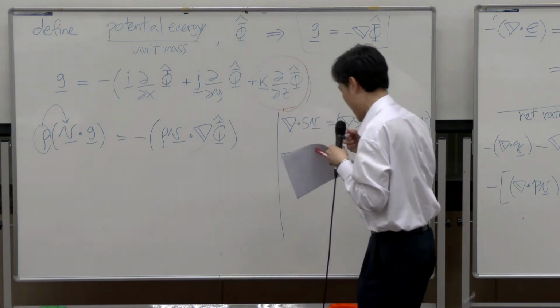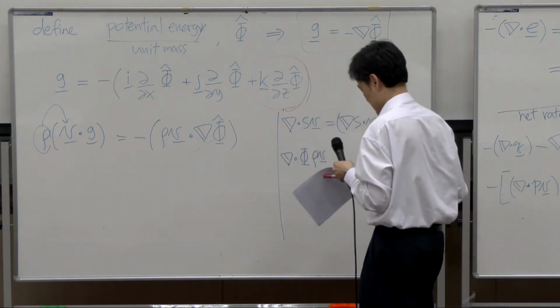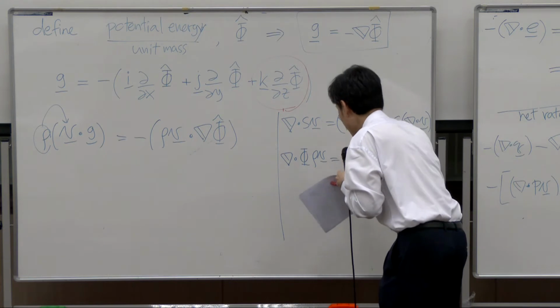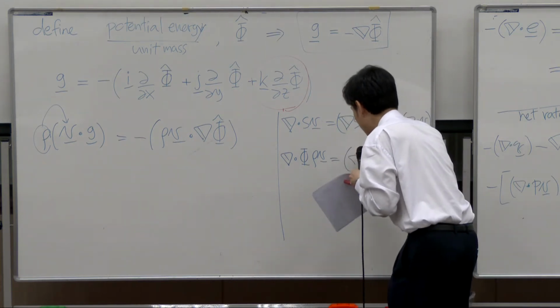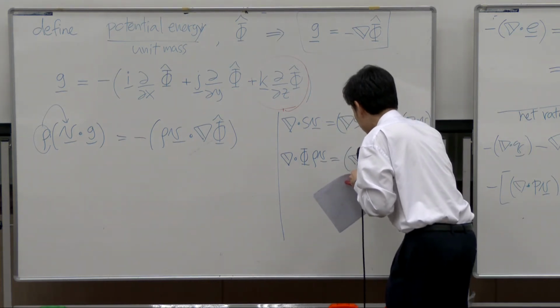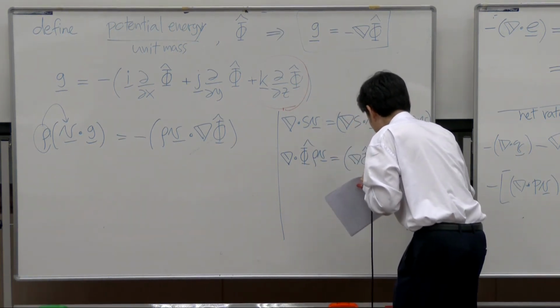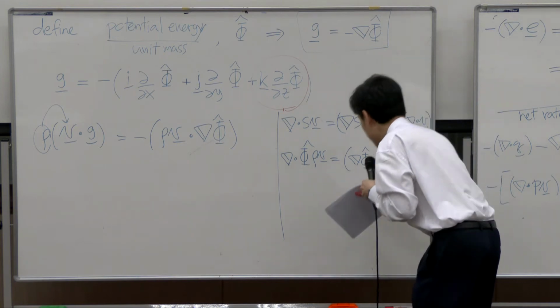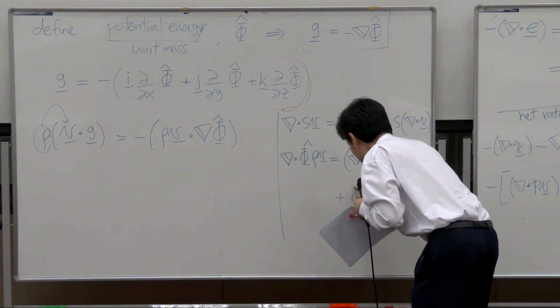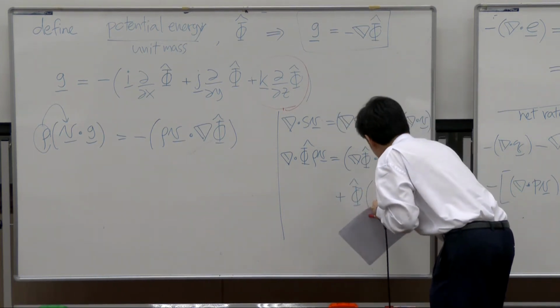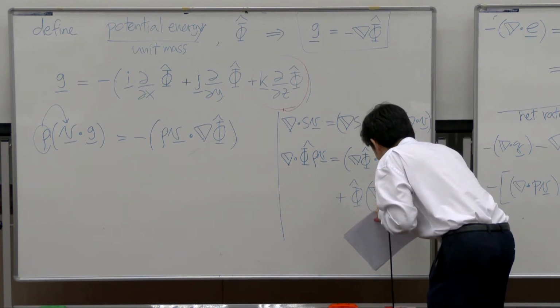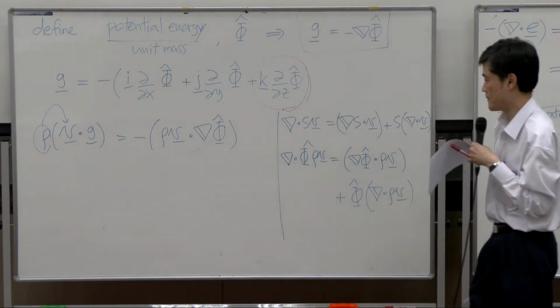Of course, I combine rho v together. Then on the right-hand side, I will get del phi dot rho v plus phi del dot rho v. Okay?